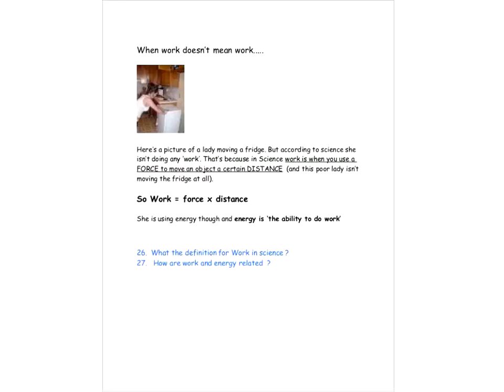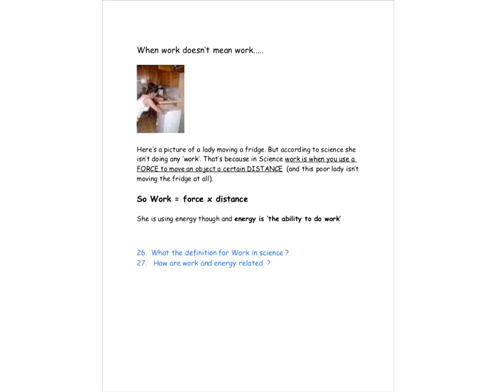Okay, we're just going to talk at this point about work. Now, normally in everyday language, if we saw a lady pushing on a fridge like we do in this picture, we would say she's doing work. But the thing is, in science, if she's pushing on the fridge but she doesn't actually move it, she's actually not doing any work.